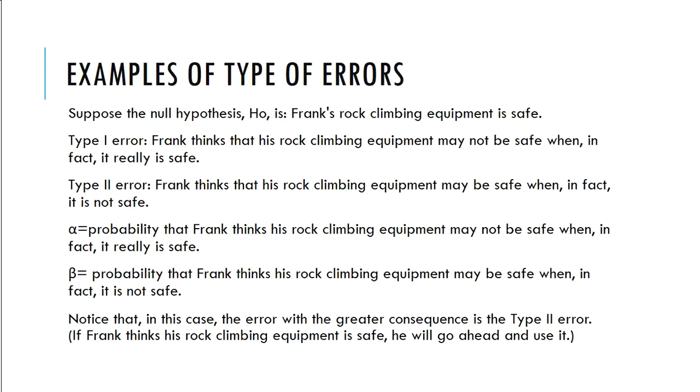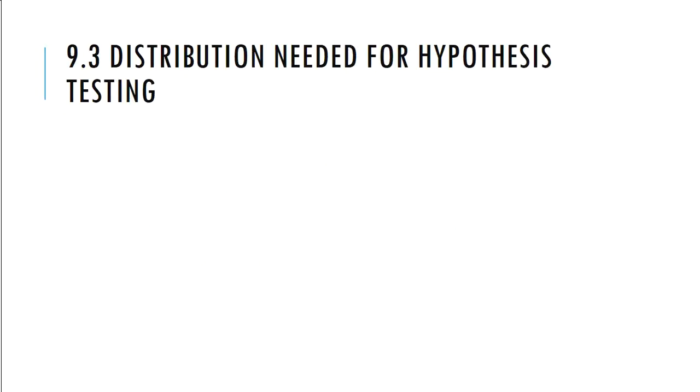So alpha is the probability that Frank thinks his rock climbing equipment may not be safe when it really is safe. Again, that's the type 1 error. And beta is the probability that Frank thinks his rock climbing equipment may be safe when it's not safe. Again, that's your type 2 error. Notice that in this case, the error with the greatest consequence is type 2, because if you think your equipment is safe and it's really not, you can get in trouble.